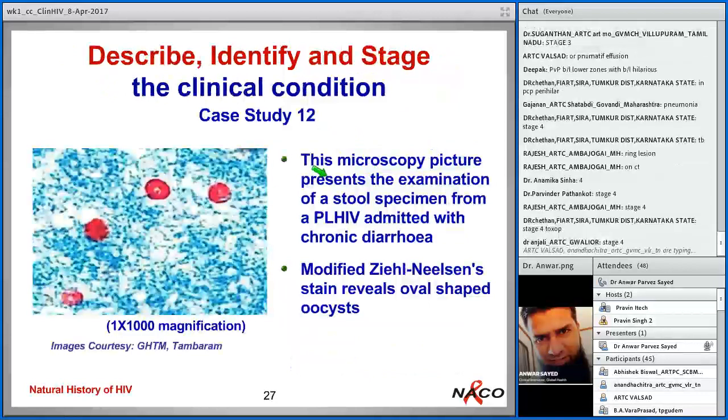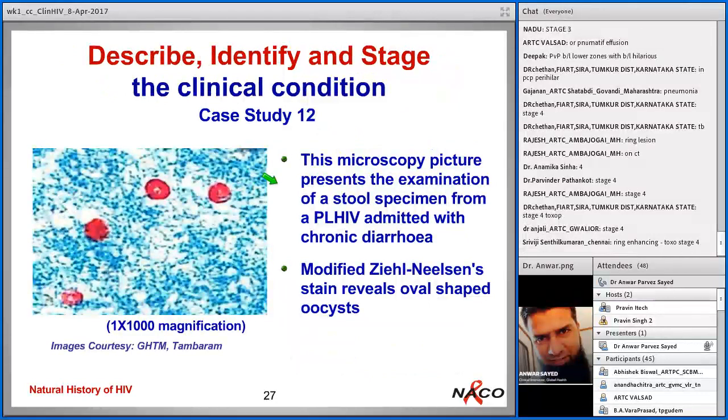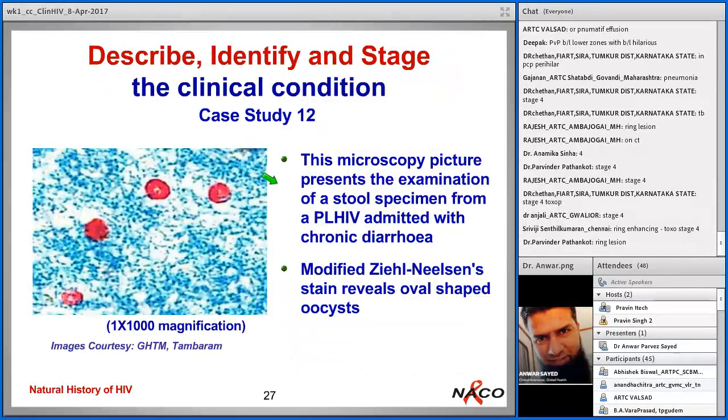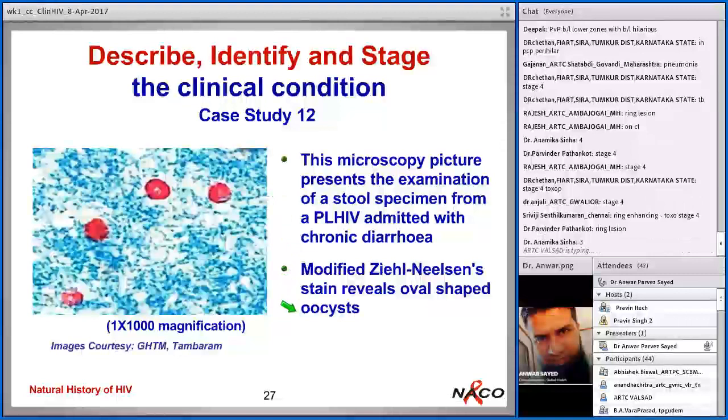This is a cervical lymph node, and multiple lymph nodes. There is a matted multiple lymphadenopathy with loss of appetite, loss of weight. Most commonly it is TB lymphadenopathy, which is stage 4.